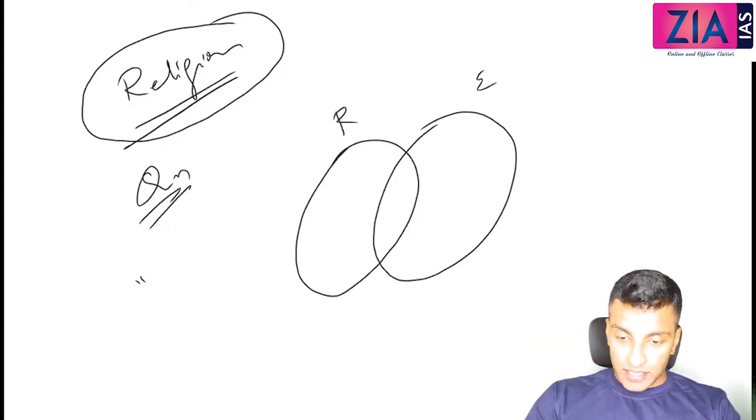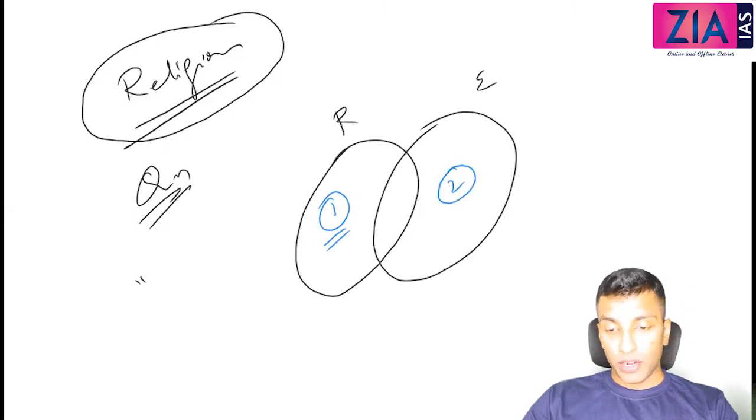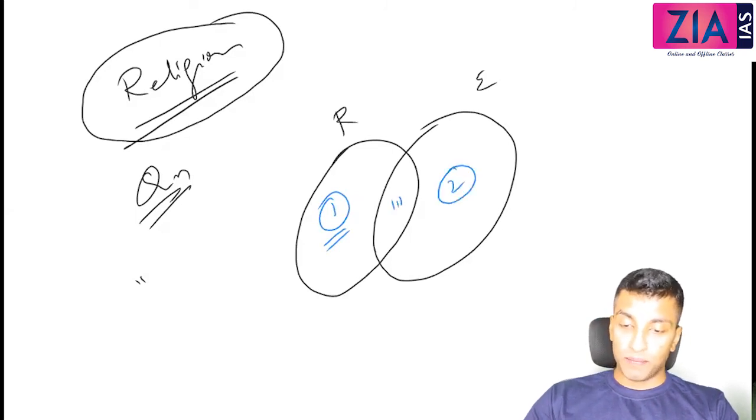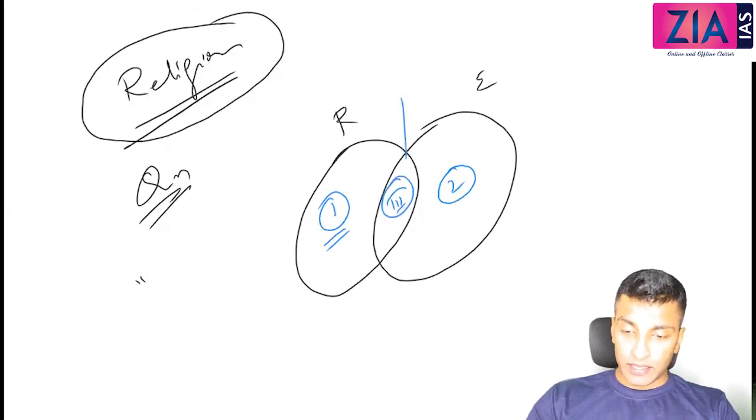What is this region 1? Religious but not ethical, right? What is region 2? Ethical but not religious. What is region 3? Both religious as well as ethical, right? Like honesty, etc. Every religion will talk about that. So this is a good situation.